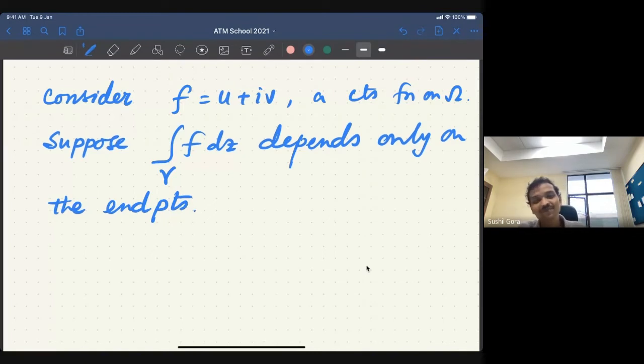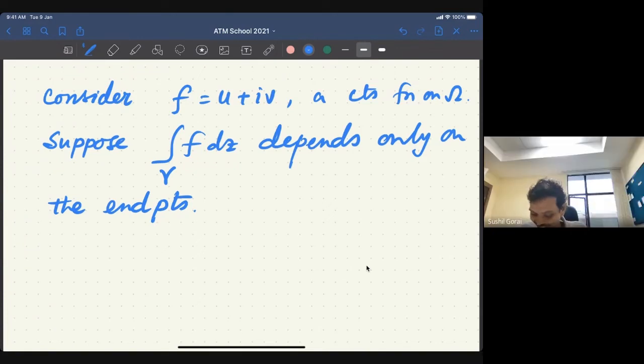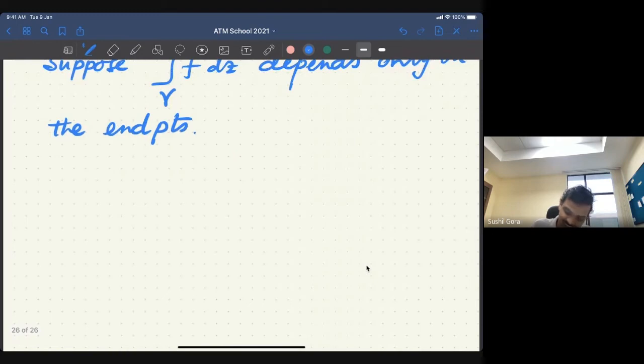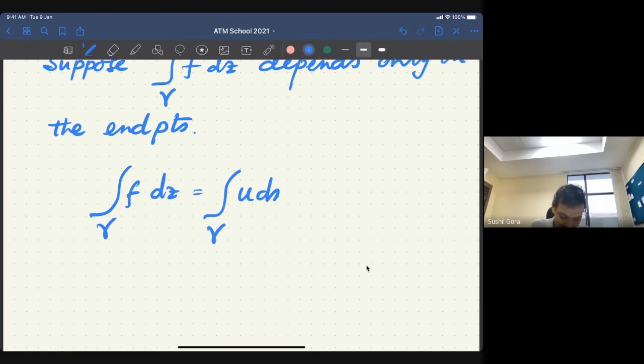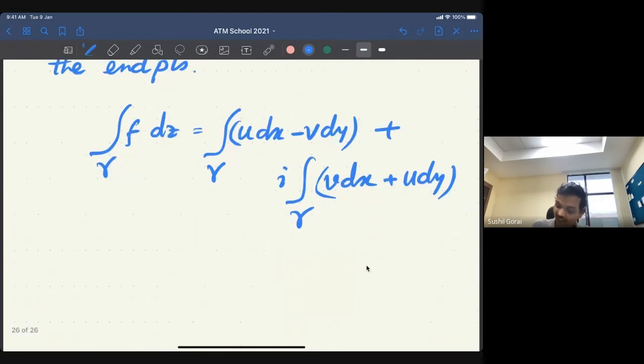Then what happens? Each individual u and v also depends on the endpoints? No, that's not the correct thing. So what is the integral over gamma of f dz in terms of u and v? This we looked at last time. This is the integral over gamma of u dx minus v dy plus i times the integral over gamma of v dx plus u dy, right? Where gamma on the right-hand side is viewed as a curve in R2.